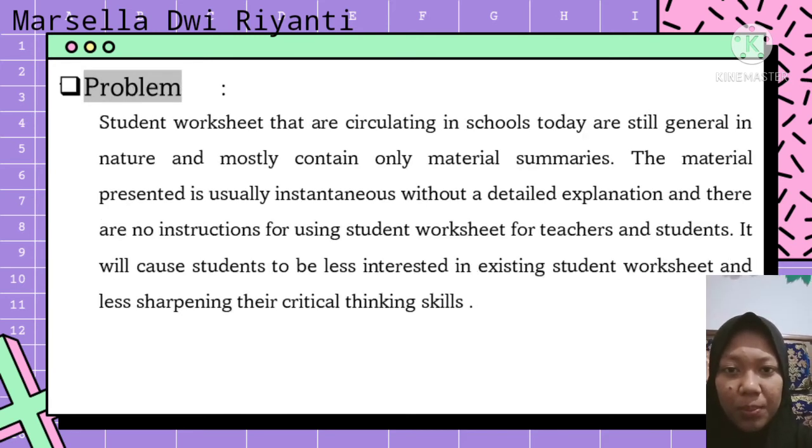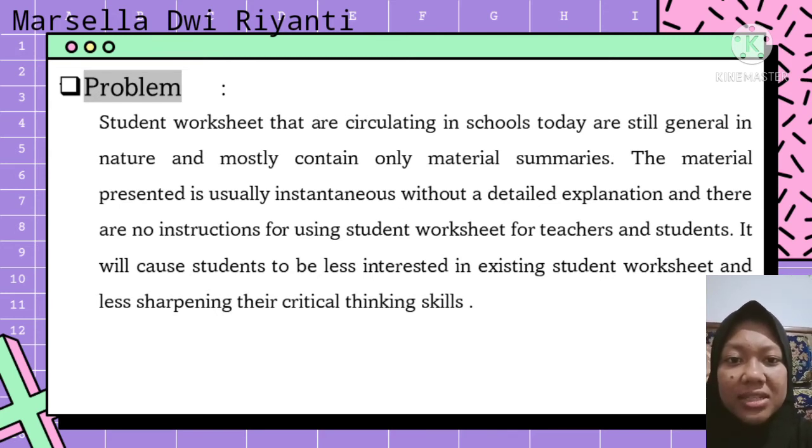Problem: student worksheets that are circulating in the school today are still general in nature and mostly contain only material summaries. The material present is usually just notes without a detailed explanation, and there are no instructions for using the student worksheet for teacher and student.